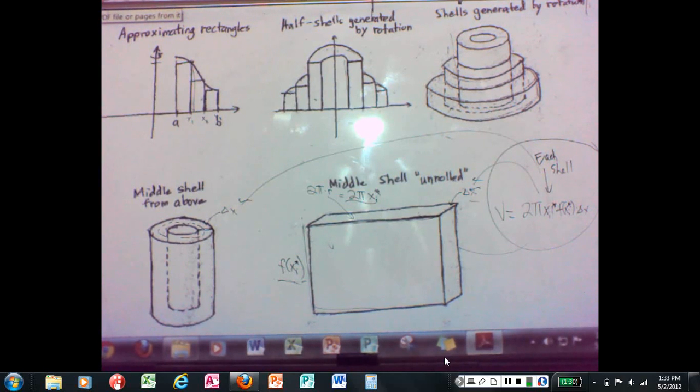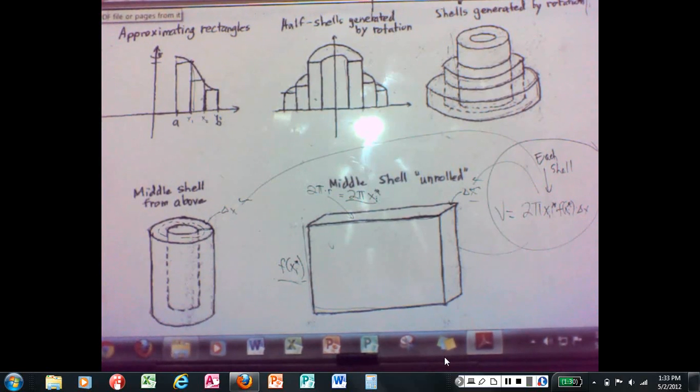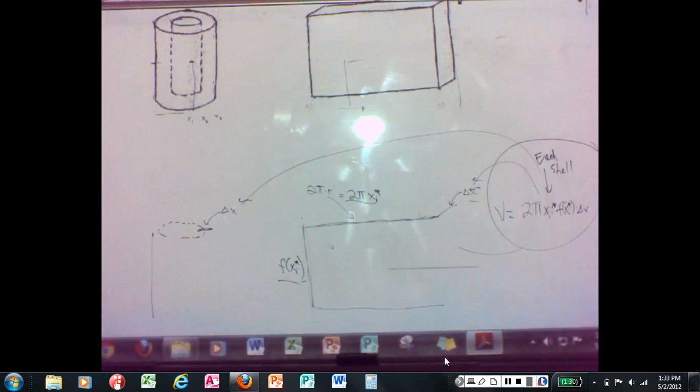Out of room. Let me just scroll up a little bit. I may want to come back to that. Okay. So each shell is this.